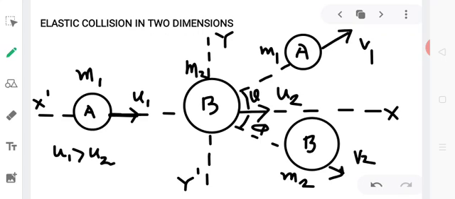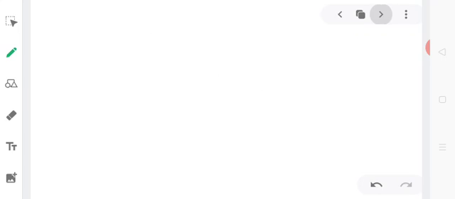After the collision, the two bodies A and B move with velocities v1 and v2 along directions making angles theta and phi with the incident direction, the x-axis, as you can see in the figure. Now, since the collision is perfectly elastic, the kinetic energy must be conserved.